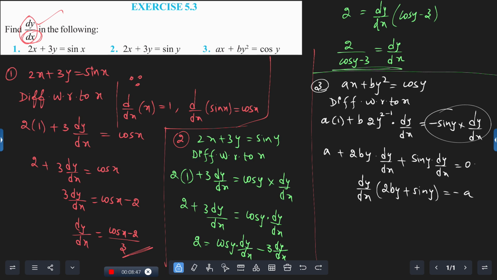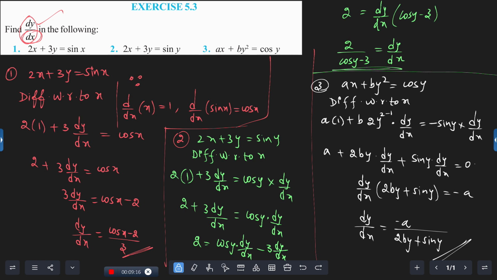If you want to change negative into positive, we have to check those things also. To become positive, you have to bring it to the left hand side. That is what I have done. Right, fine. Now I need only dy by dx, so the remaining you send opposite. Minus a divided by 2 times by plus sin y. That's it. When you send a multiple opposite, divide. So this is the third one.